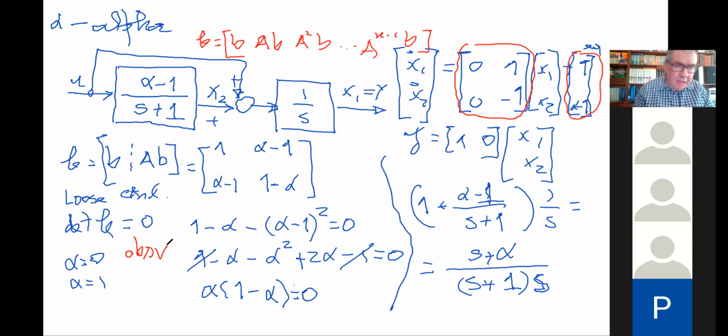For the controllability matrix, I think it is CTRB.